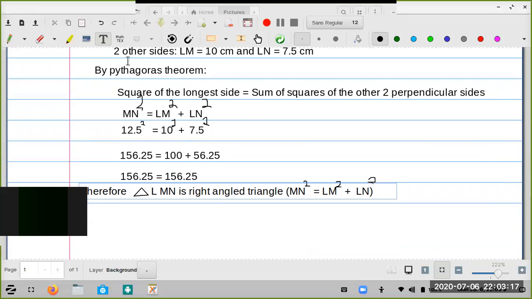Now for the second one, we are given a triangle. Again, we are going to make use of the same method.